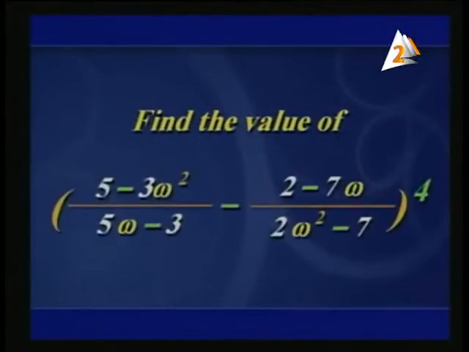Find the value of ((5 minus 3 omega squared) over (5 omega minus 3) minus (2 minus 7 omega) over (2 omega squared minus 7)) all to the power 4. Solution.